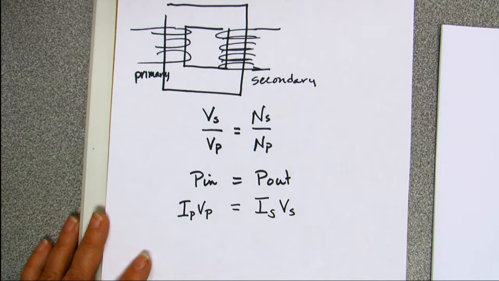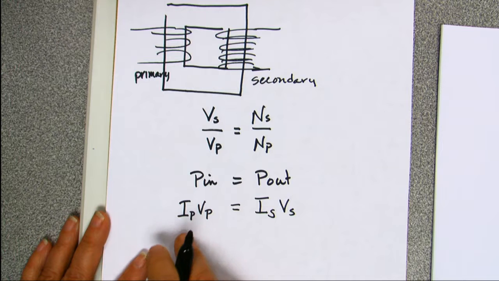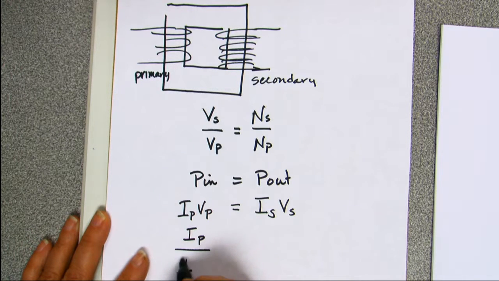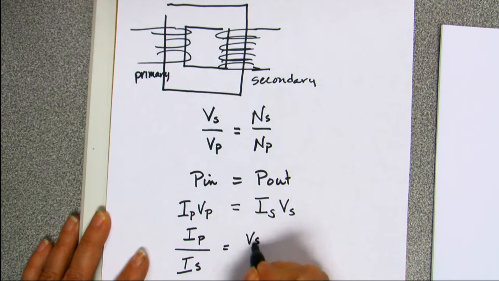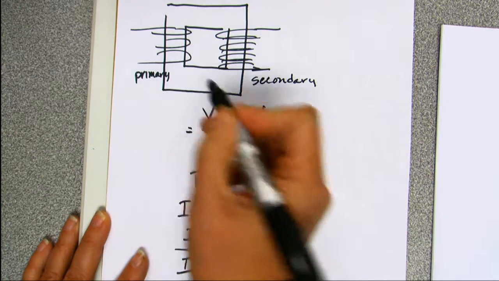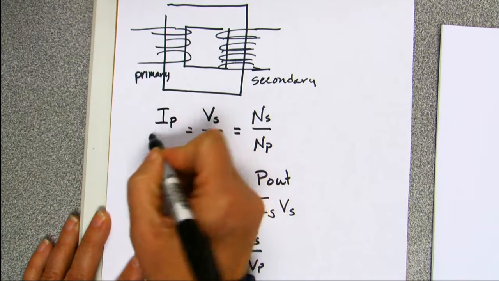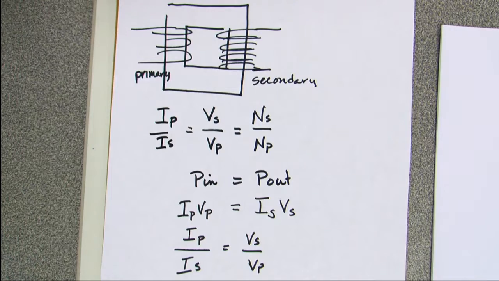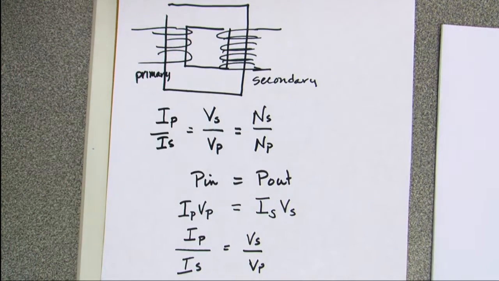That gives me VS over VP, and I can also write this as IP over IS. Any homework problems that you have just deal with those particular relationships.